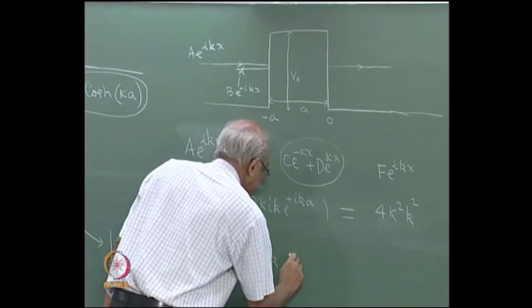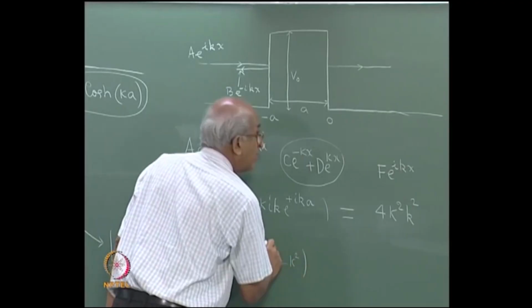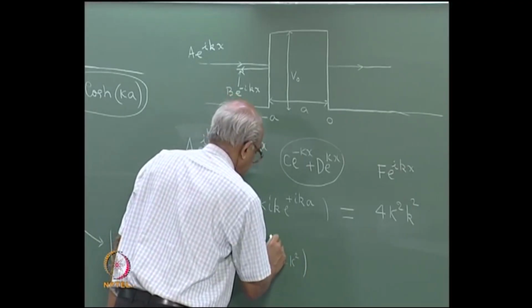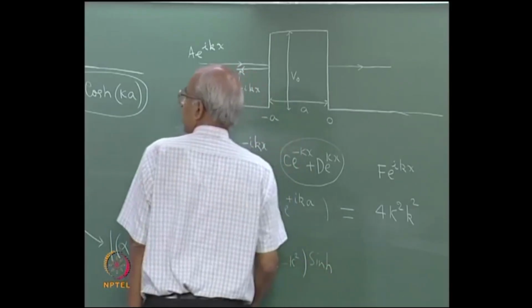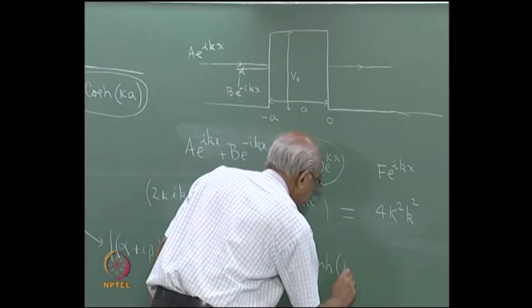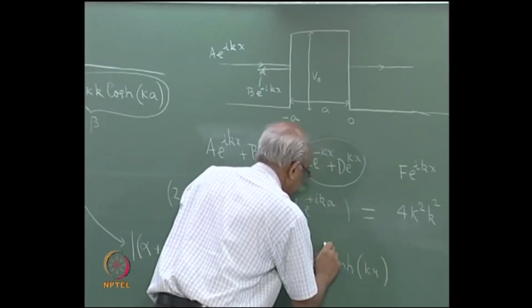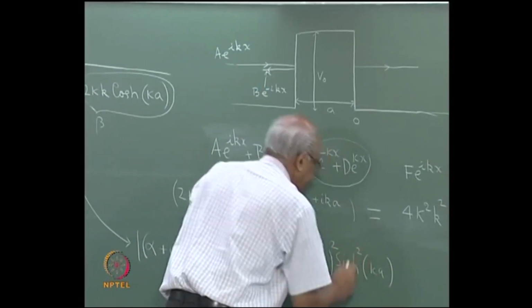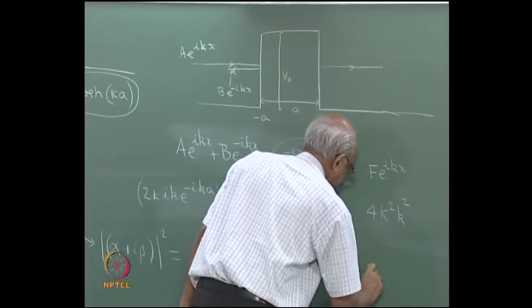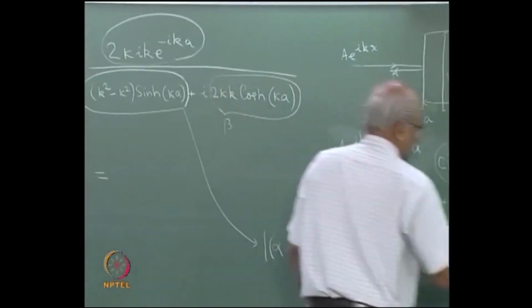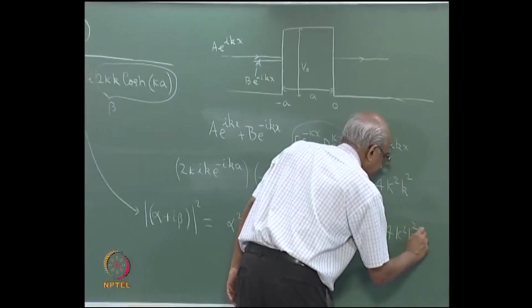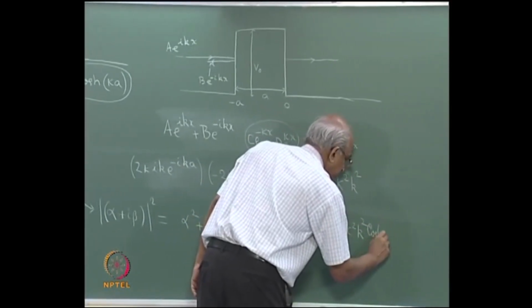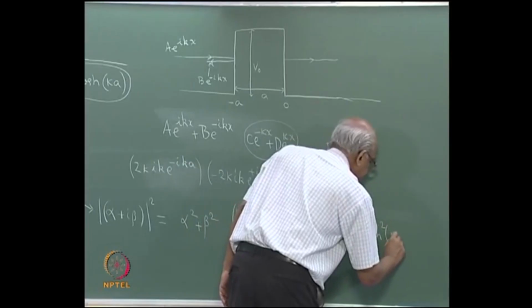It is going to be k square minus kappa square sinh kappa a. You take the square of this and square of that, add to it the square of that term, which will be 4 kappa square k square cosh square kappa a.